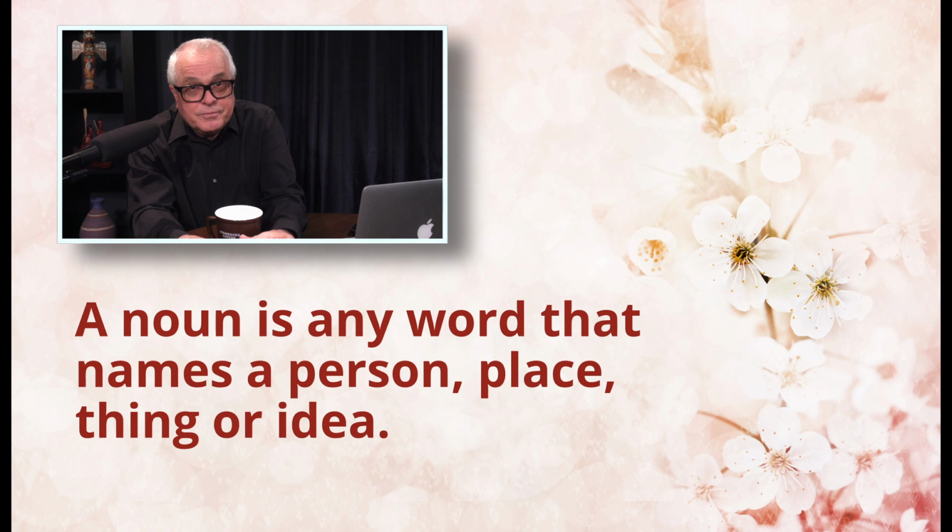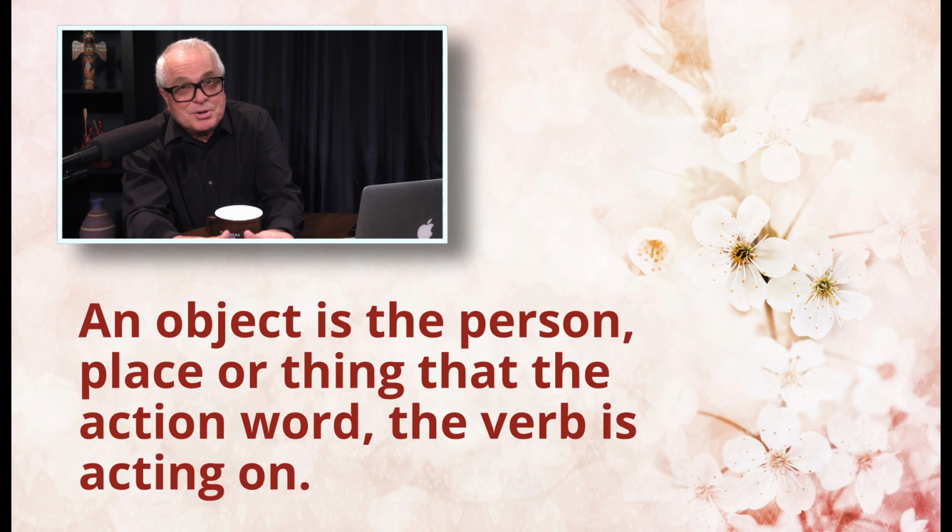A noun is any word that names a person, place, thing, or idea. An object is the person, place, or thing that the action word, the verb, is acting on.